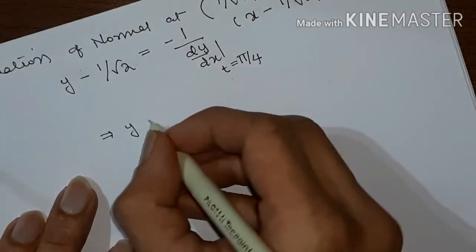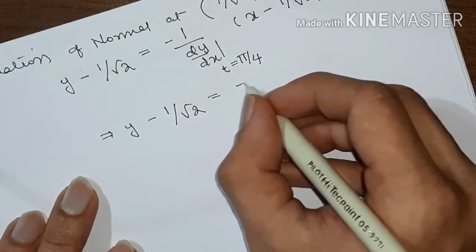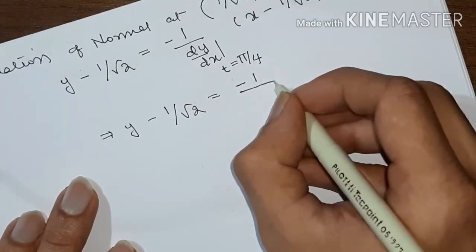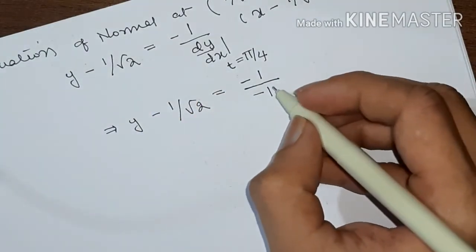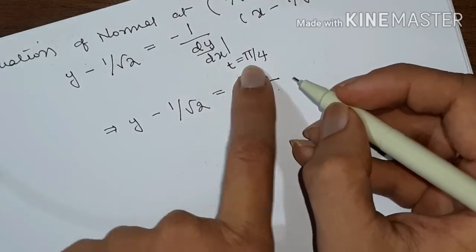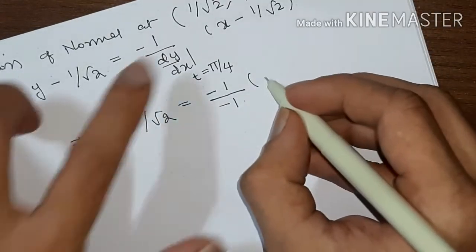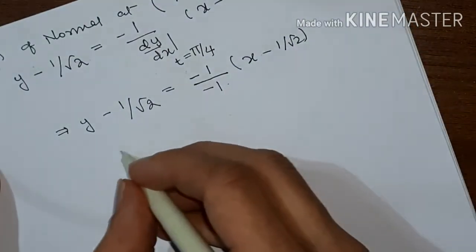So what you get? y minus 1 by root 2 equal to minus 1 divided by, now this value was minus 1, that is the slope of the tangent at t equal to pi by 4, multiplied by x minus 1 by root 2.